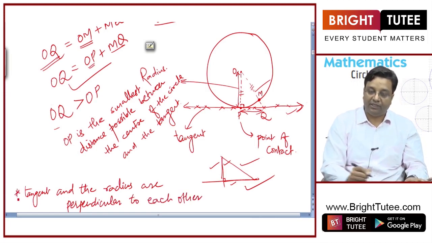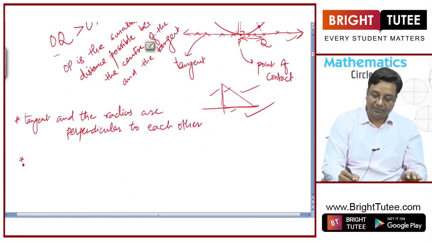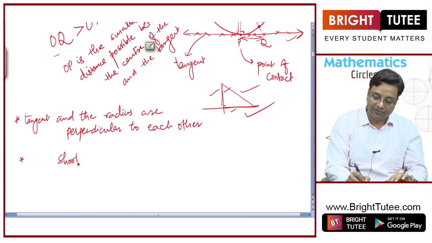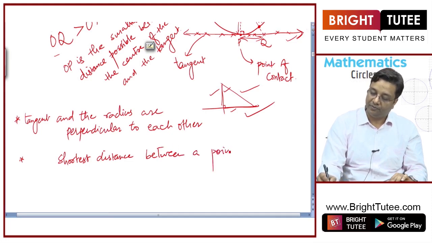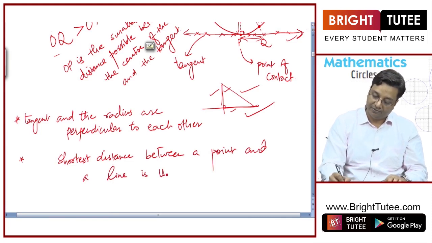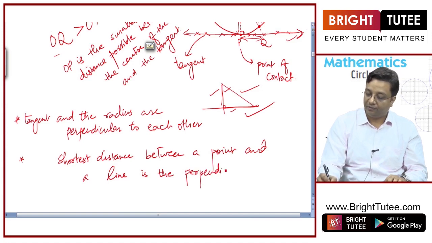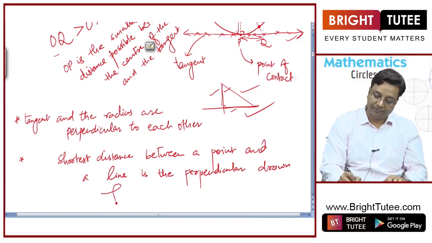Other way to think about it is that the shortest distance between a point and a line is the perpendicular drawn from that point to the line.